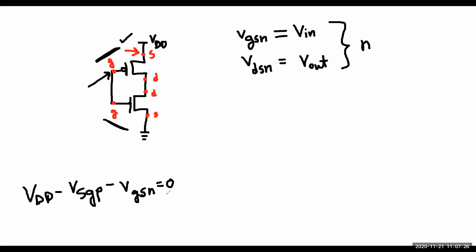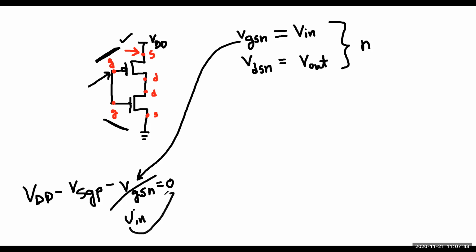So VDD minus VSGP minus VGSN equals 0. VGSN is already called Vin. Since Vin is minus, can I take it to the other side as a plus? Yes. So we have VDD minus VSGP equal to Vin.